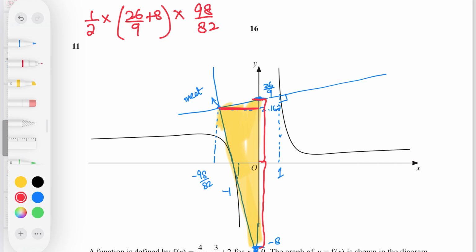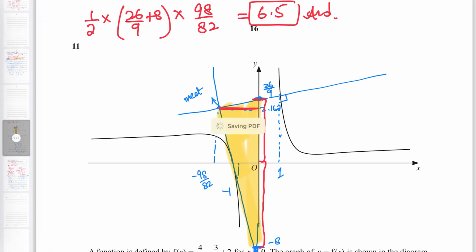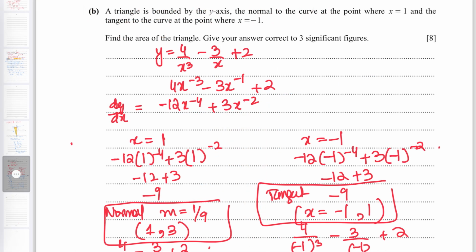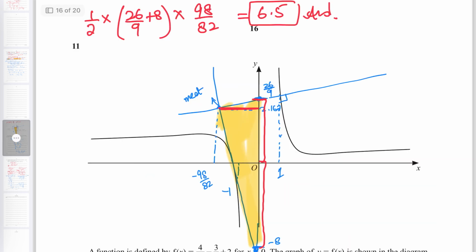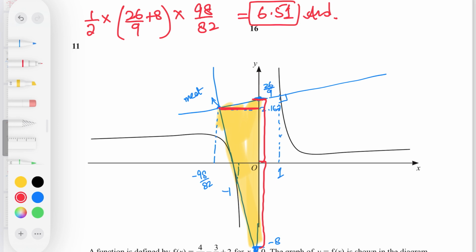Multiply by 26 upon 9 plus 8. Gives me the area as 6.5. Let's go to the question. Give your answer correct to 3 significant figures. So we can write it as 6.51. And that's going to be my final answer.